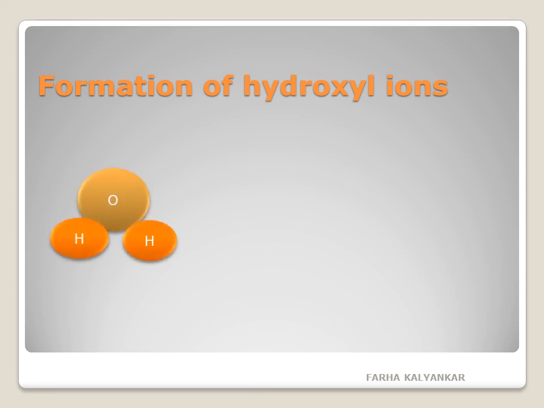Till now, we have studied the formation of ions by coordinate bonding. But there are instances which include the formation of ions by breaking of bonds. For example, the formation of hydroxyl ion from water molecule, which involves the breaking of bond between one of the hydrogen atom and oxygen atom.